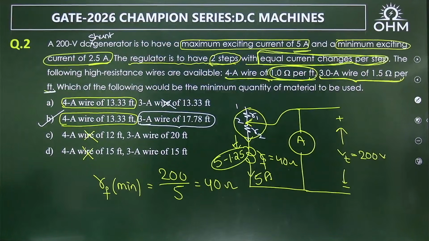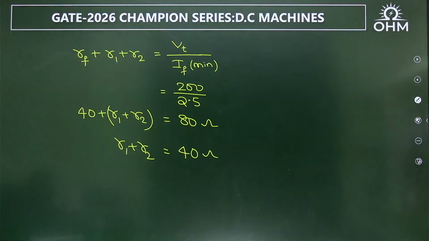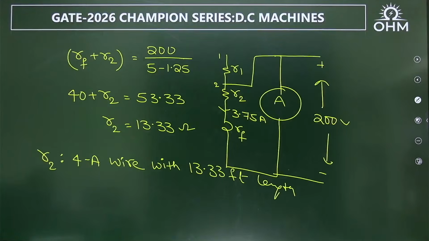When I connect all the resistors, the current becomes 2.5 ampere. Therefore, the change was another 2.5. That 2.5 I divided into two parts, 1.25, 1.25. That means every resistance addition will reduce the field current by 1.25 ampere. When 5 ampere is reduced by 1.25 ampere, then the overall current becomes 3.75.